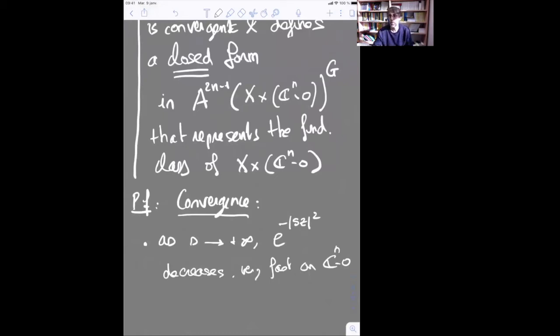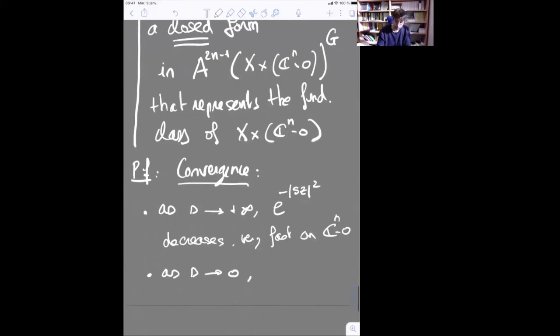So there is no convergence issue as s tends to infinity as long as you are on C^n minus 0. And now what happens as s tends to 0? Then you have to look at the expression given by the equivariant formula.